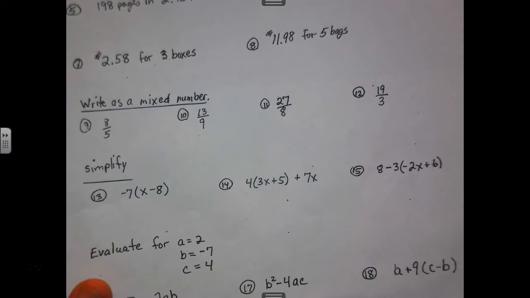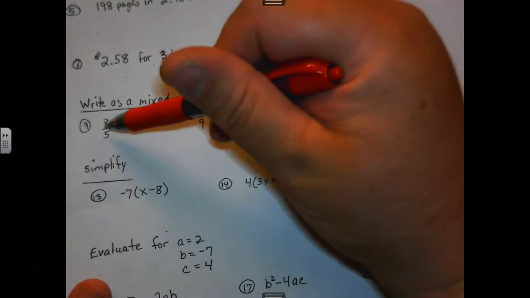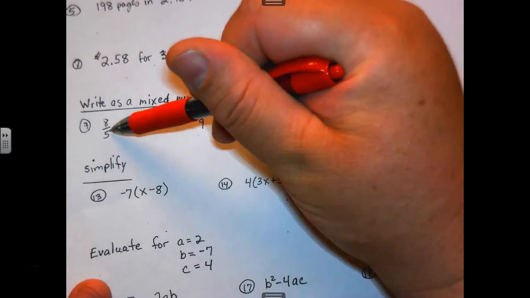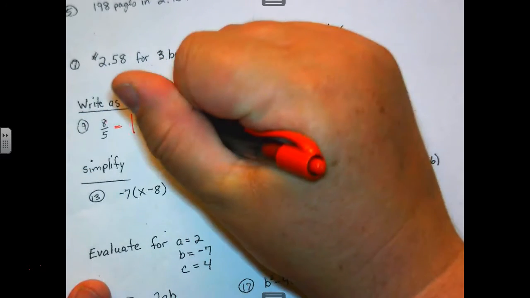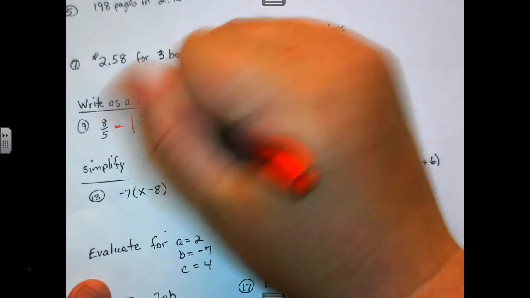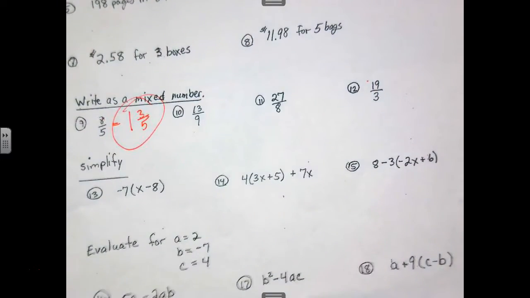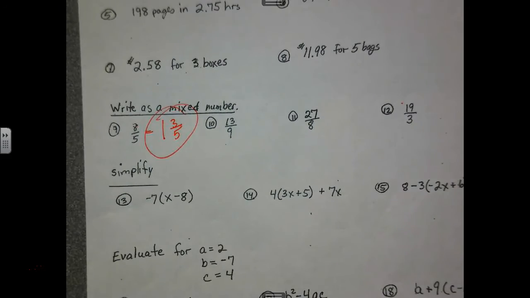Remember how to do that? How many fives go into 8? Well, there's 1 five that goes into 8. 8 minus 5 is 3 left. So it's kind of like a mixture.